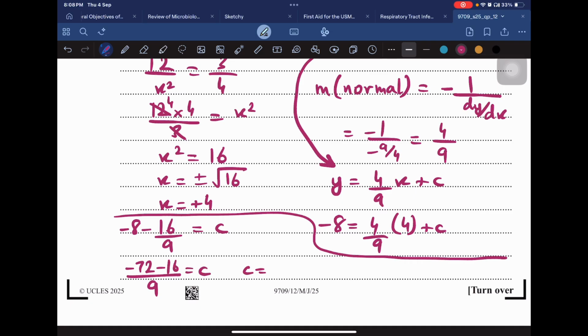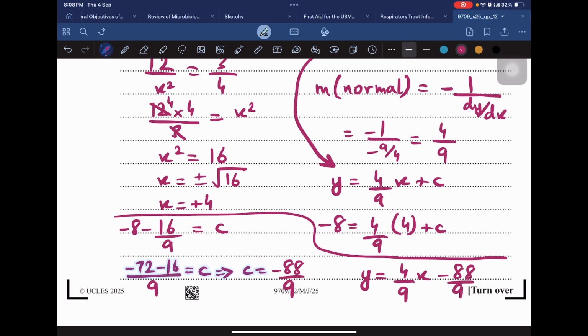So c will be equal to negative 88 upon 9. That means that our equation will be y equals 4 upon 9 x minus 88 upon 9.